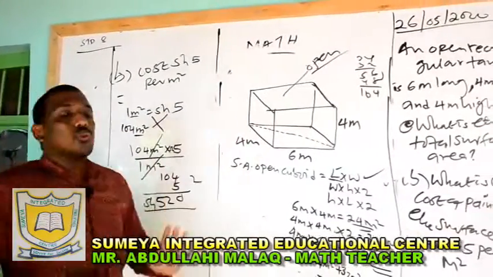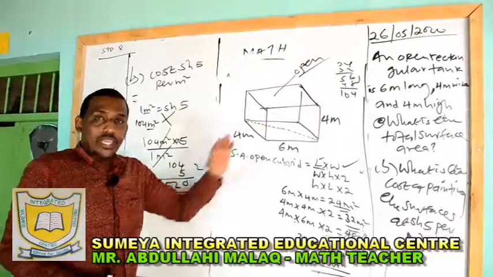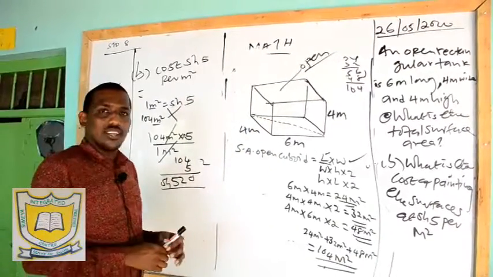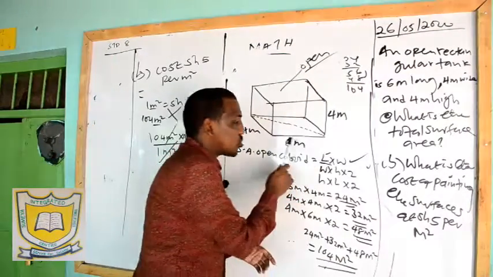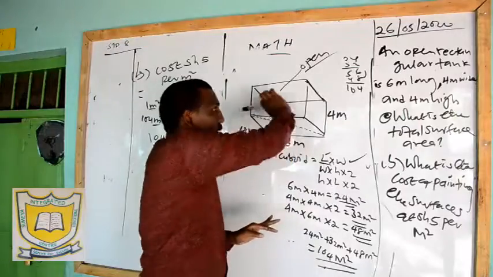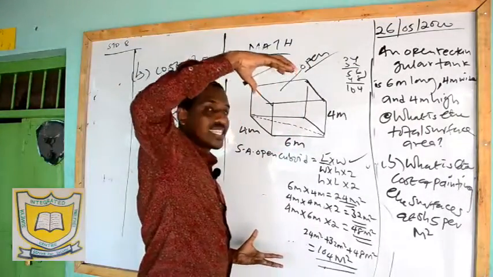What you do, you get the surface area of an open cuboid. The formula is length times width, not times 2, the base area, because the top is open. It has 5 faces, remember.